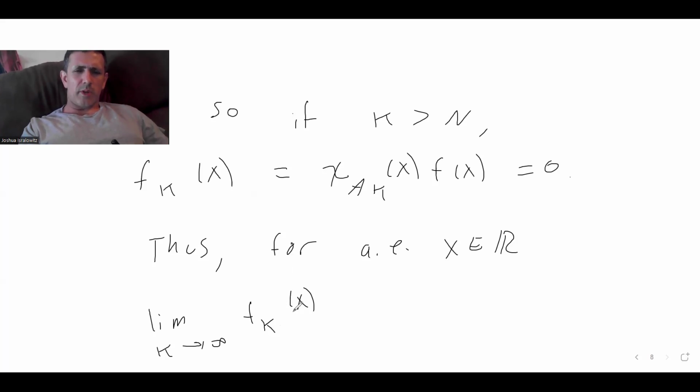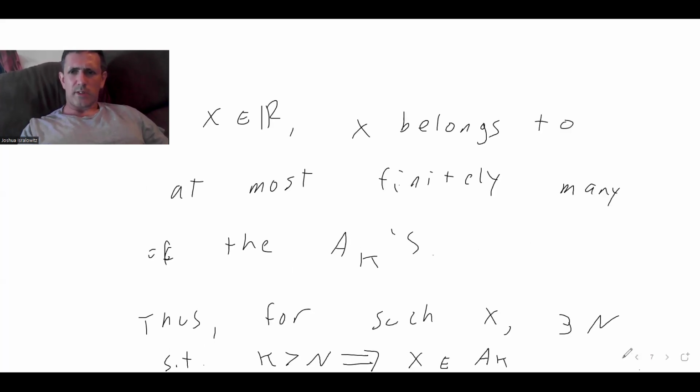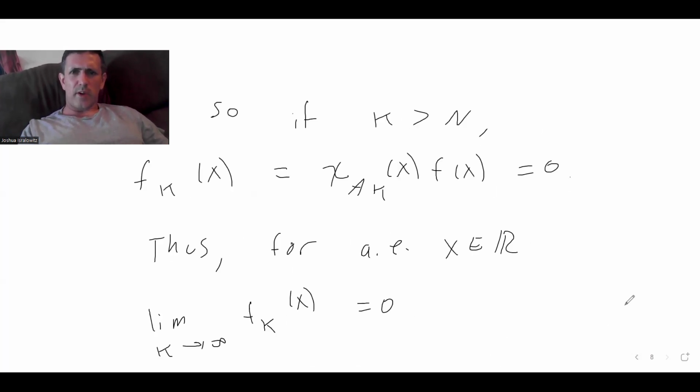Well, it's going to be 0, because x is not in A_k for k large.